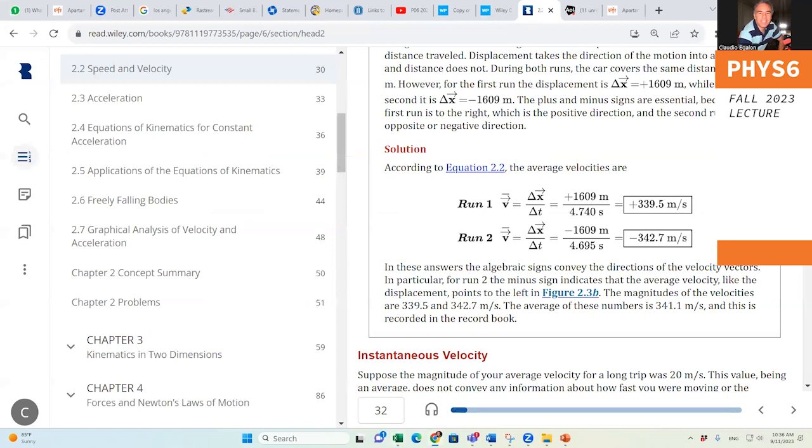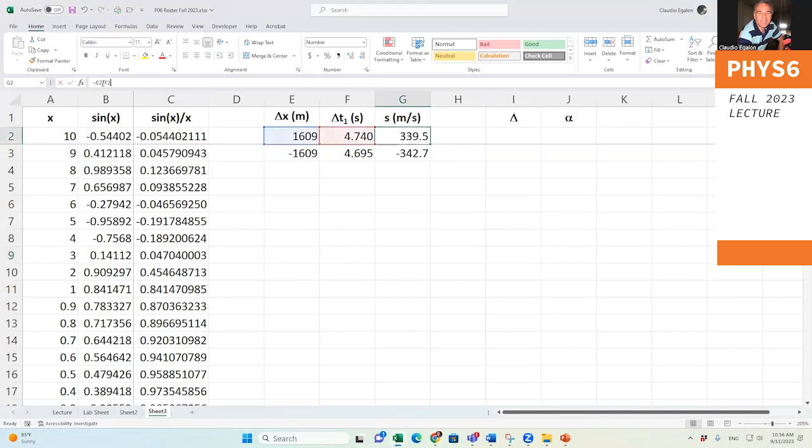What's the equation again? It's delta x over delta t. That's the equation, right? Take a look here. E2 delta x over delta t, which is F2 in Excel. And Excel has this nice feature that you don't need to repeat the formulas. To save you time, you click on the box and you drag to repeat the formula down below.